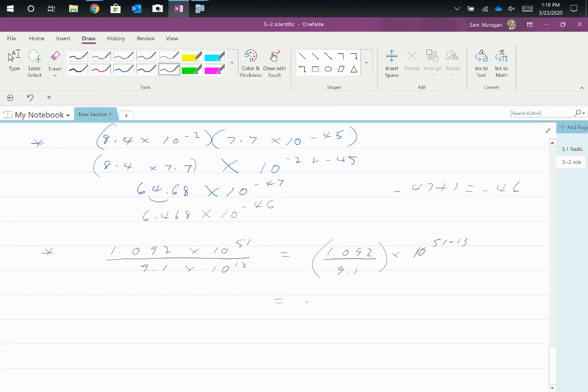So this gives me 0.12 times 10 to the power 38. But 0.12 is not a number between 1 and 10, so I would have to go forward one decimal place to make it 1.2. And if I go forward, I would have to subtract 1 from the power: 10 to the power 37.